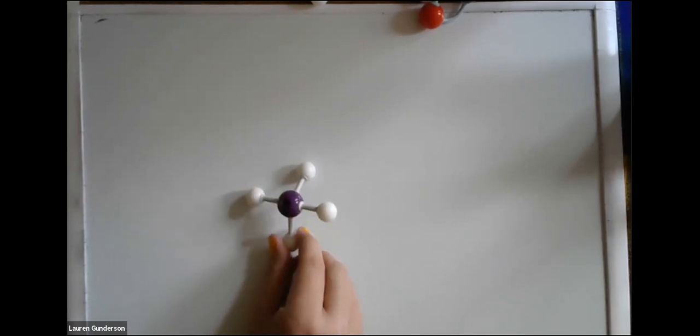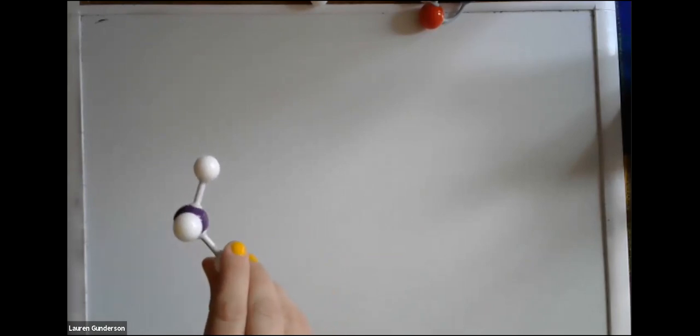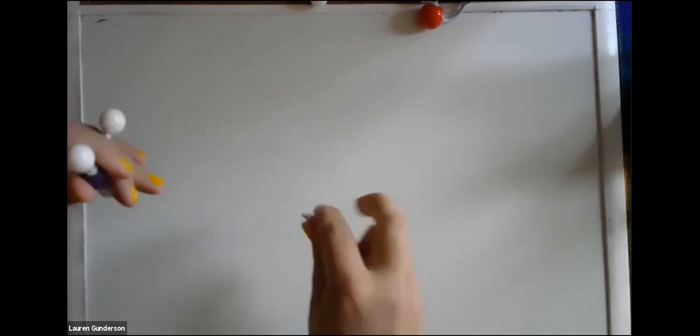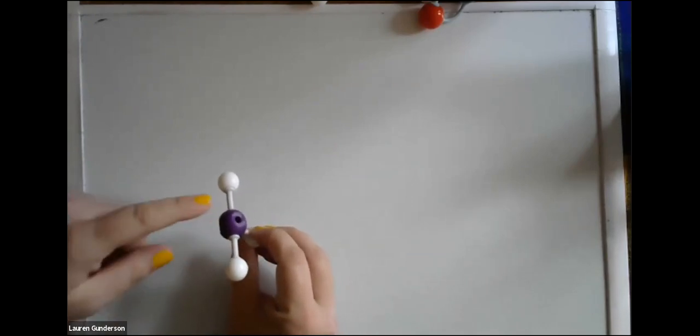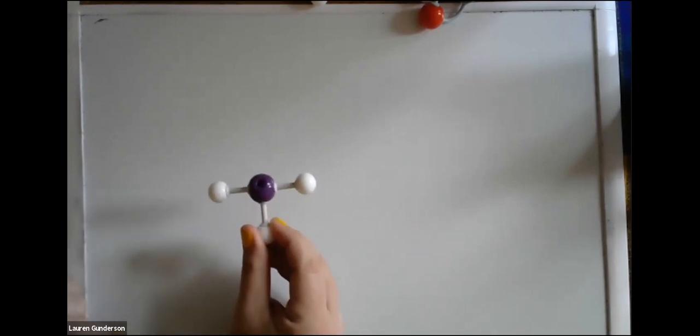If we remove another equatorial bonding pair, now we have two lone pairs, one on each side in the equatorial position. This is your T shape.